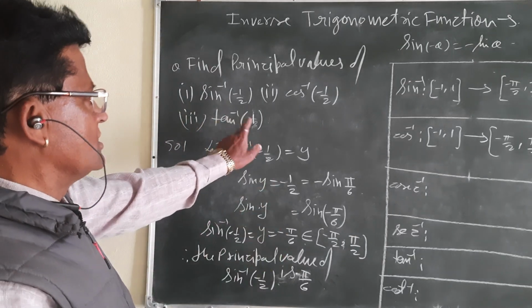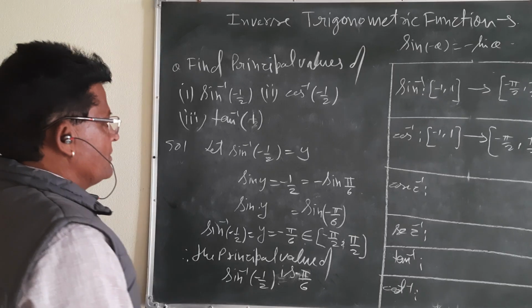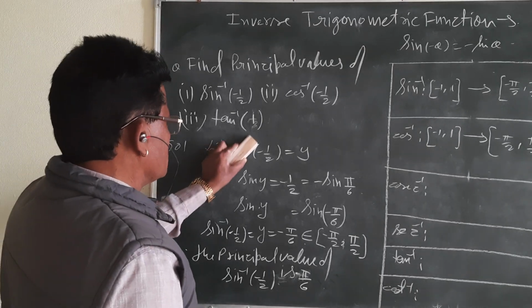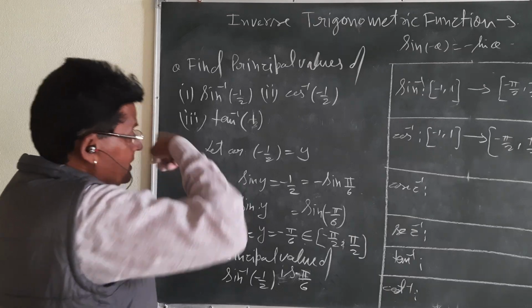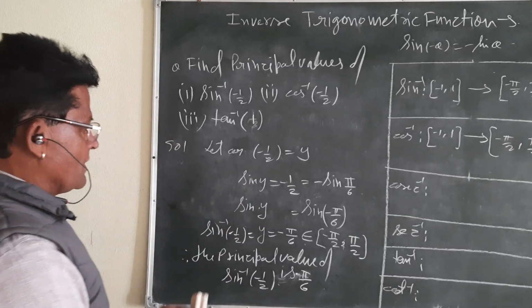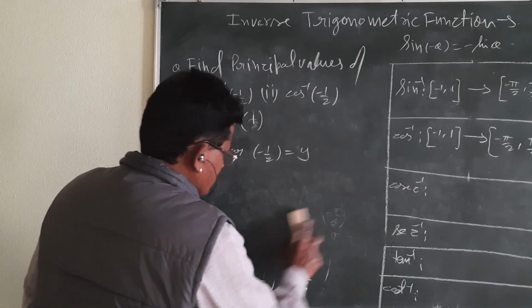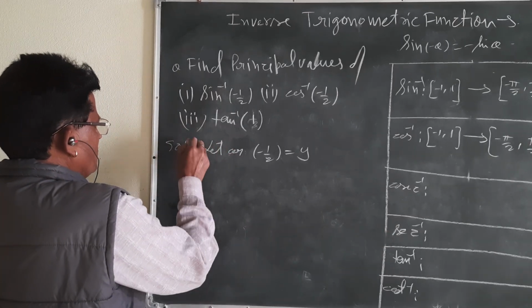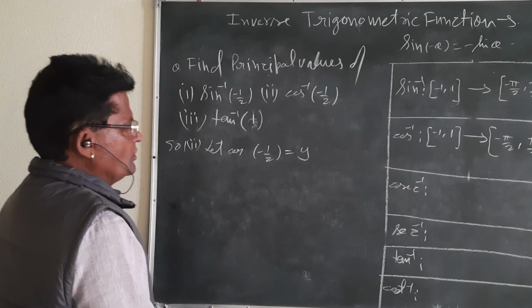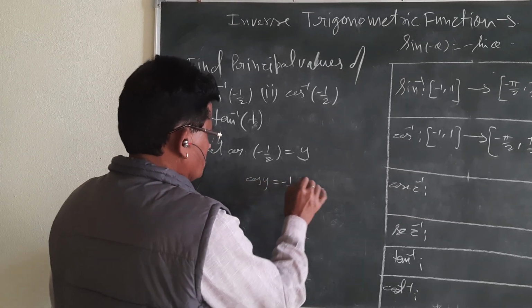Now similarly, you will take the second case. Second case also you take. Wherever it is sin, you change only for cos. Okay? Let me take in case of this one, a similar kind of thing. And for the second case we are taking the solution: find the principal value for this one, and cos y will be equal to minus 1 by 2.